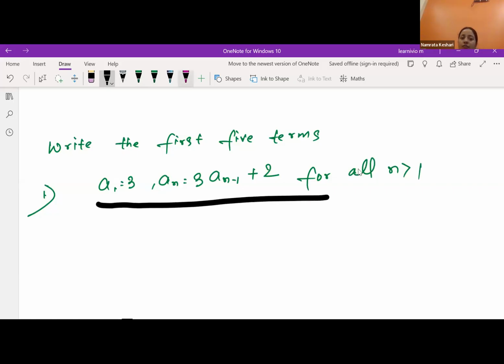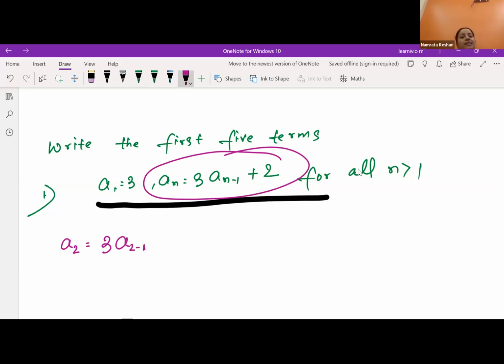Let's try writing. The first term is given. We will try finding the second term. According to this pattern, for a2, at the place of n I am substituting 2. We'll be having 3a(n minus 1), which means you have to drop 2 at the place of n. Why 2? Because we want to find the second term.